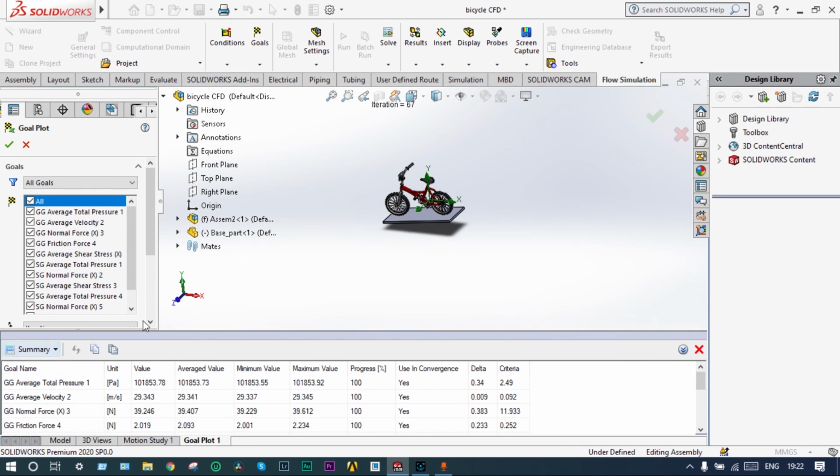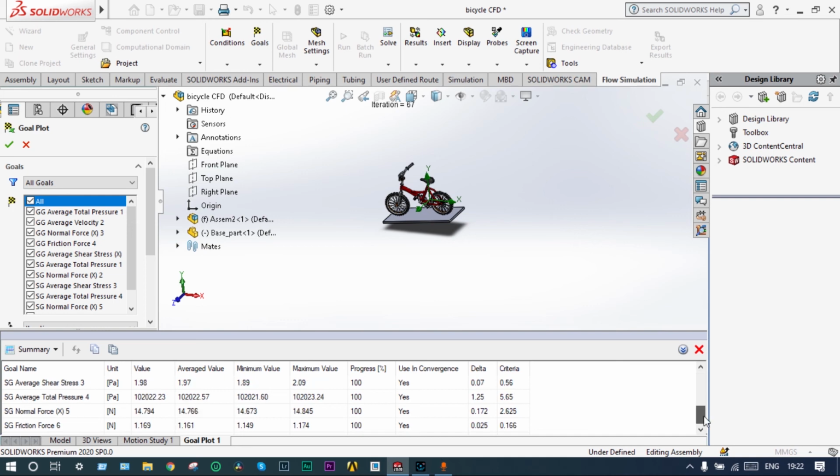You can see them in the form of plots also. First of all, you see the average pressure was almost similar to atmospheric pressure. It is not having any kind of change. And also you can see the average velocity is 29.343 meter per second.